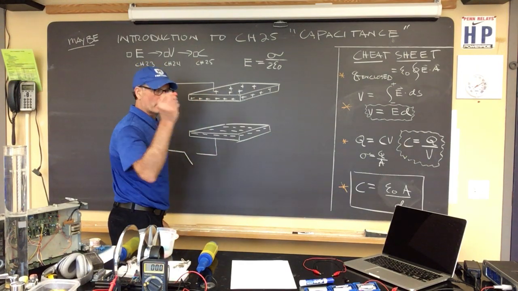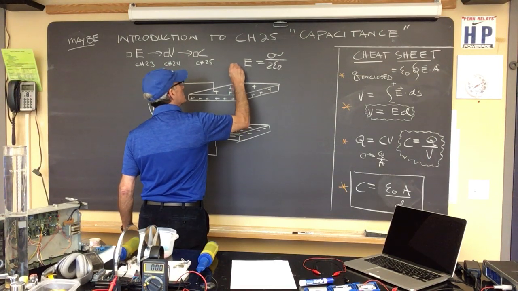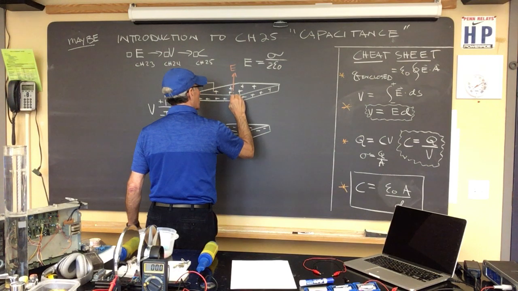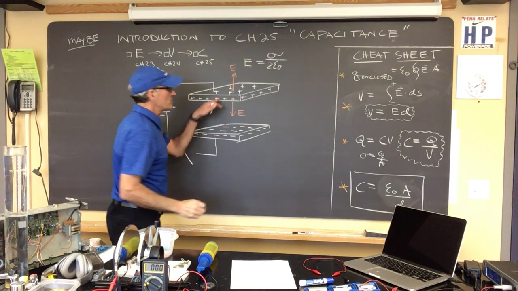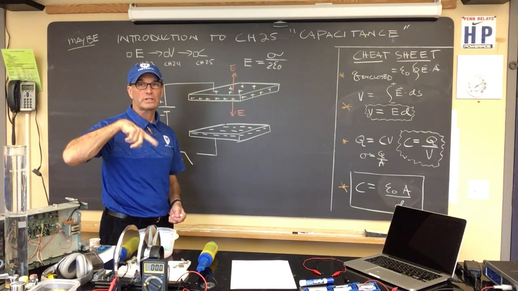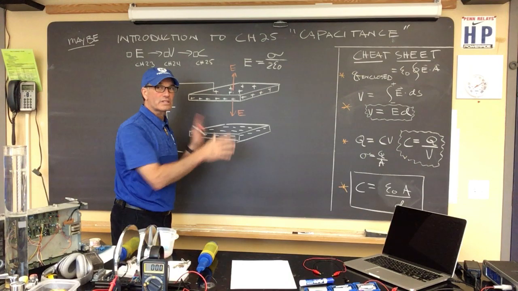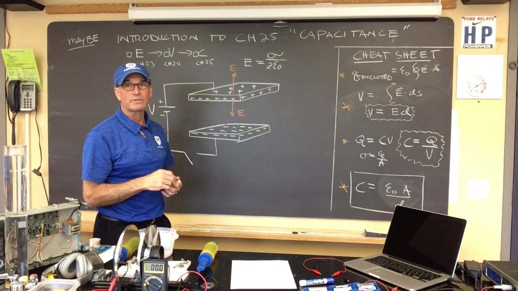I'm going to use red chalk, so the electric field radiates outwardly above the plate, as it does below. So here's the electric field due to the upper plate. Just let me show one electric field vector. There's a bunch of them. They're all parallel.